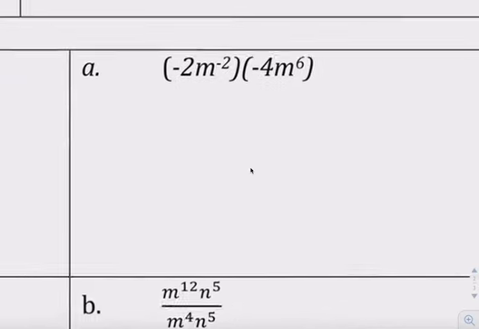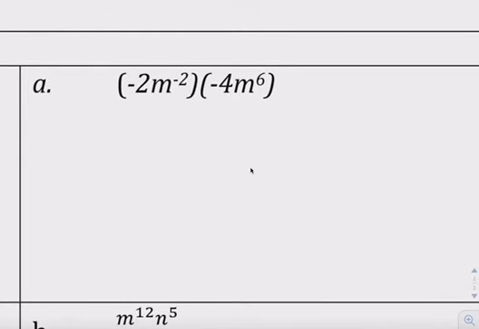And the next one, multiply these two together, get 8. And then when you're multiplying and the bases are the same, you just add the exponents. In this case, you subtract because one is negative, right?